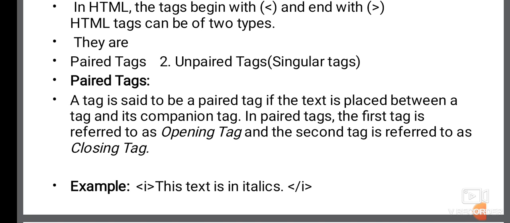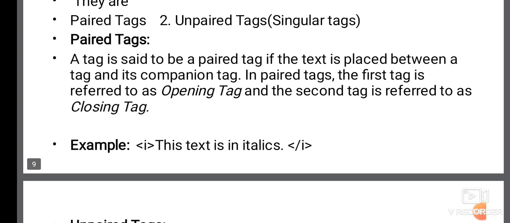A tag is said to be paired if the text is placed between a tag and its companion tag, that is, an opening tag and a closing tag. If the text is placed between the opening tag and the closing tag, then we call them paired tags. For example, the I tag will display the text in italics.